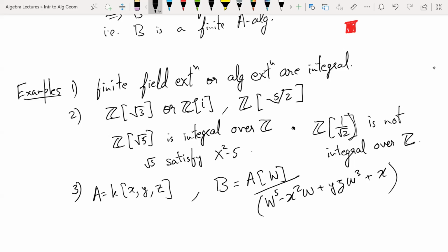So B is integral over A. Or you can again adjoin some square root, cube root, or some root of a monic polynomial with coefficients in A. That's how you get integral extensions.